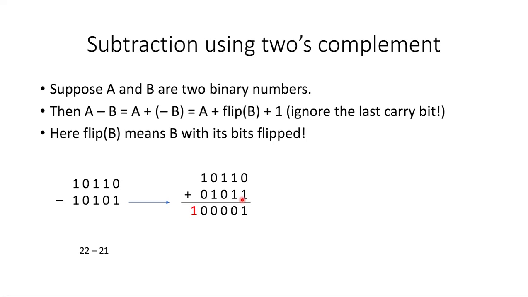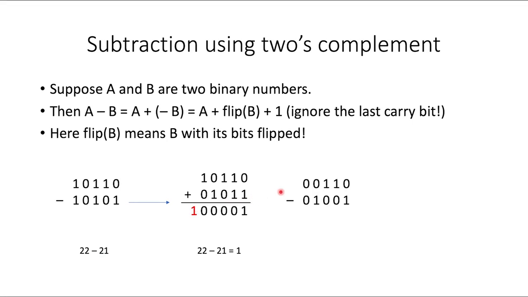Now you can just do this addition problem. 0 plus 1 is 1, 1 plus 1 is 0, carry the 1, etc. And if you do this out, you get 100001. The reason I put this leading term in red is that this is the last carry bit, which we ignore, because it's not relevant to our representation of numbers. But this is great, because 22 minus 21 is supposed to be equal to 1, and if you ignore this last bit, then the number we got is 1. So this checks out.